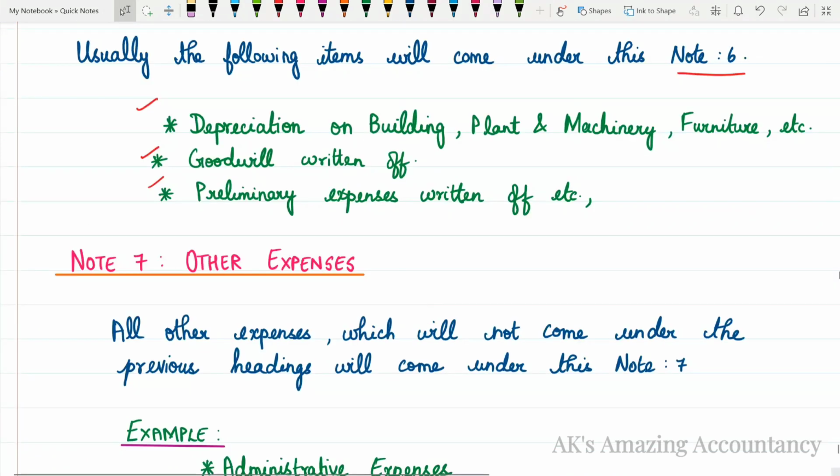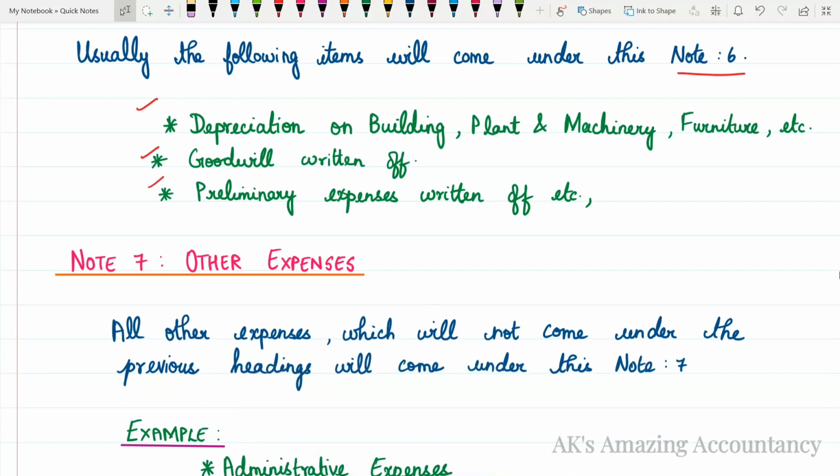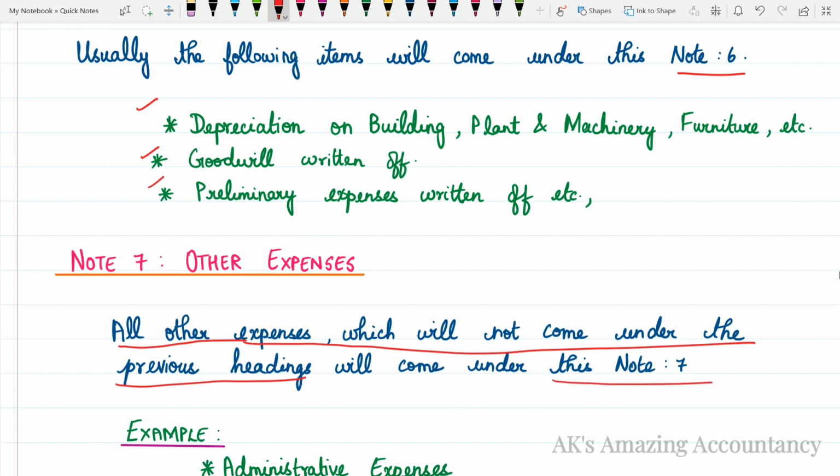Now, let me proceed with the last note which we have in the statement of profit and loss, that is note 7, other expenses. So, what will come under this note 7, other expenses? All other expenses which will not come under the previous headings will come under this note 7.